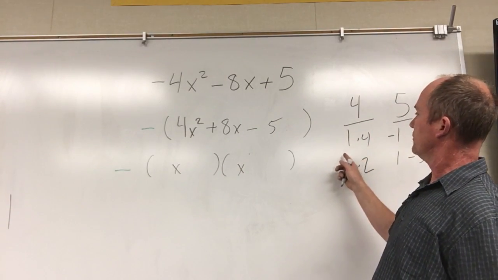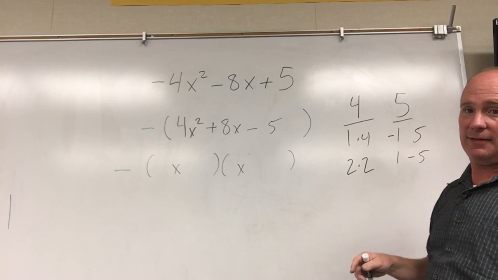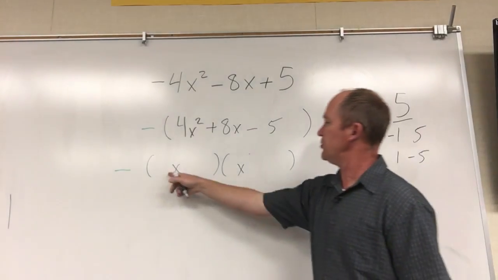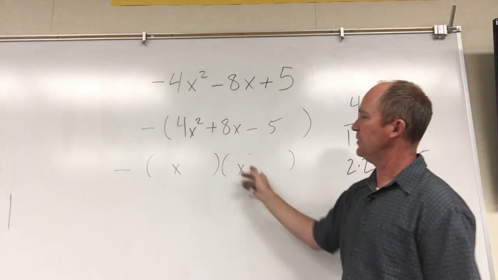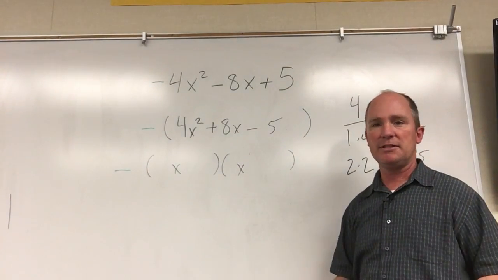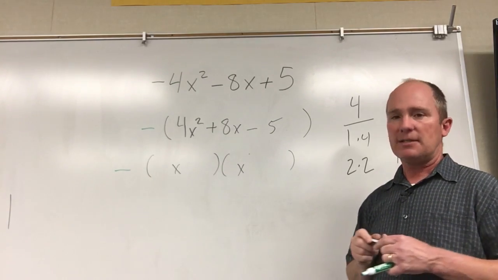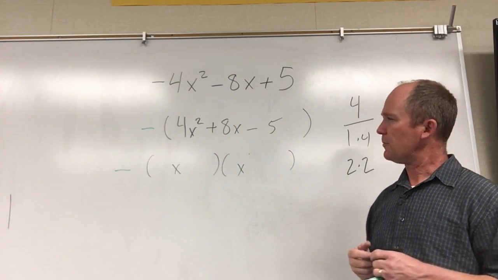What if I put 1 and 4 here, but I put 1 and negative 5? What if I put 2 and 2 here, but then I put negative 1 and negative 5? Or what if I put 2 and 2 here, and I do 1 and negative 5? There are all these different possibilities and options. That's what the book is showing right there, and there's nothing wrong with doing that. A lot of trial and error.